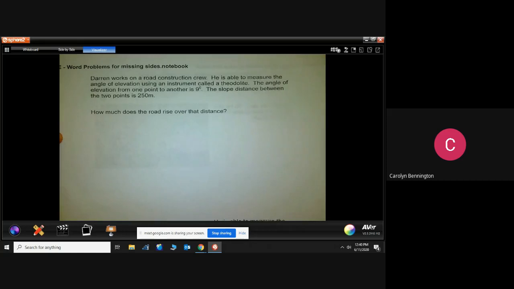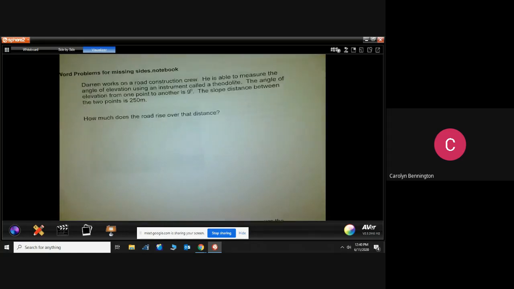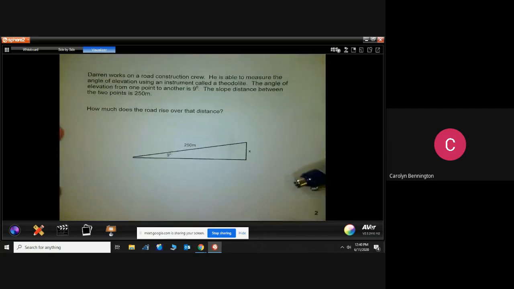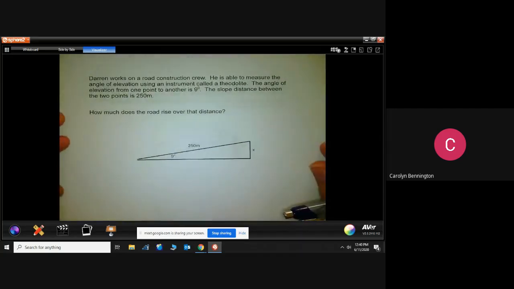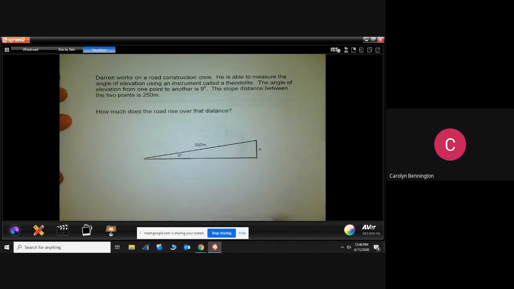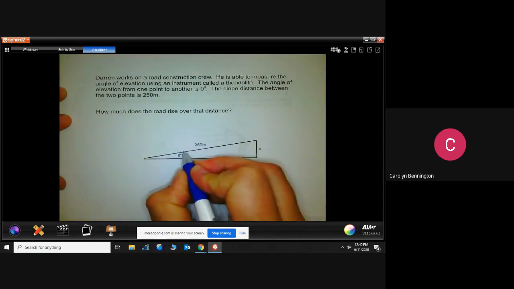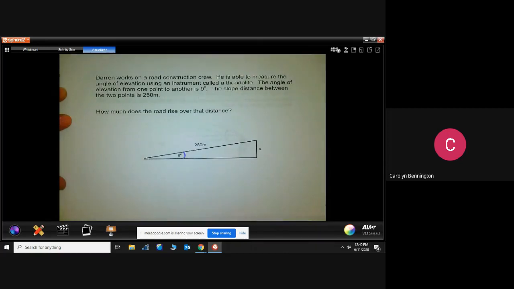So what we want to do is draw a diagram of this situation. Okay, so here's our diagram. So we have the angle of elevation. Again, if you're standing here, you would look straight out and then you would be looking up. So our angle of elevation is this angle here at 9 degrees.